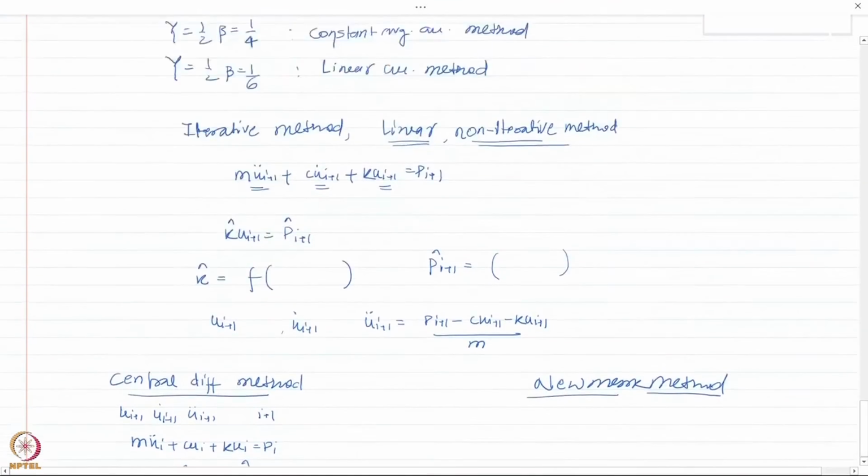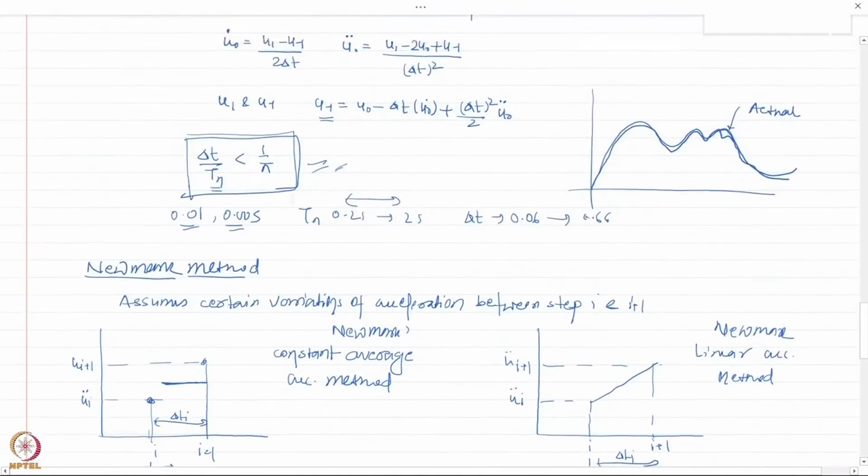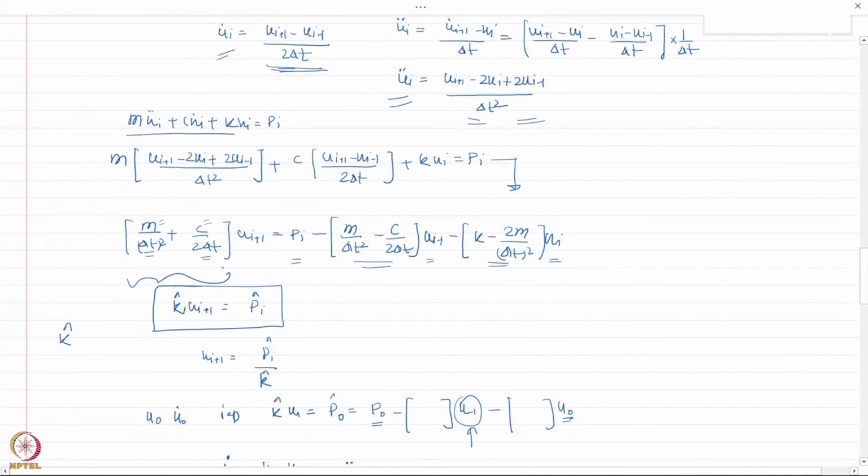So if you look at, let us go back where we discussed central difference method, and let us see what is the equation of motion we utilized. Is this step i or i plus 1? So even to get the value of the response parameter at the next step, we never satisfy the equilibrium equation at the next step. We got everything from the current step, and the next step was just found out using the previous step.